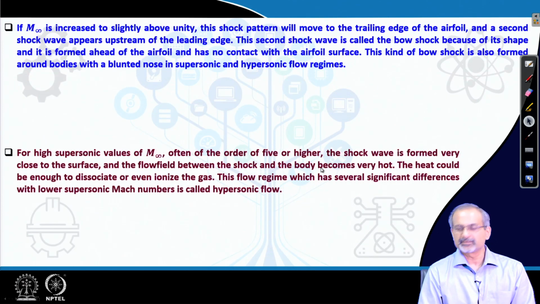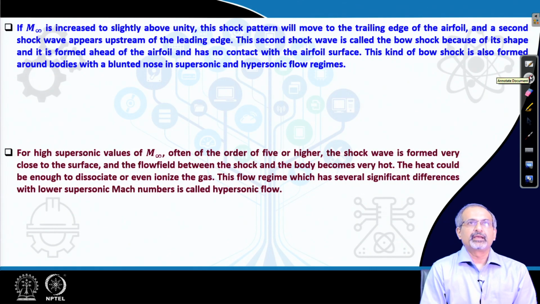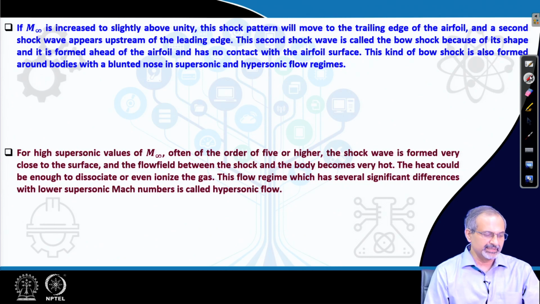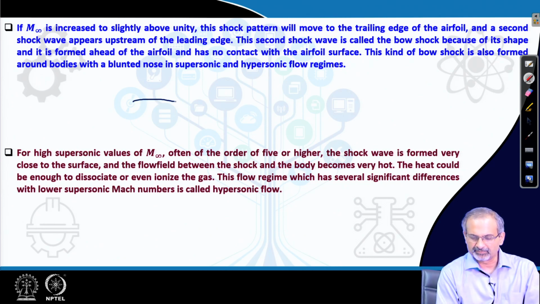Let us move on further. If M infinity is increased to slightly above unity, this shock pattern will move to the trailing edge of the airfoil, and a second shock wave appears upstream of the leading edge. So, let us make a sketch to explain. This is your airfoil.